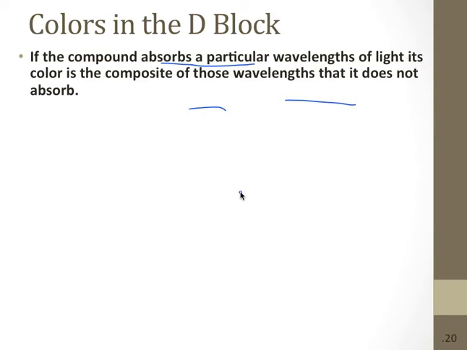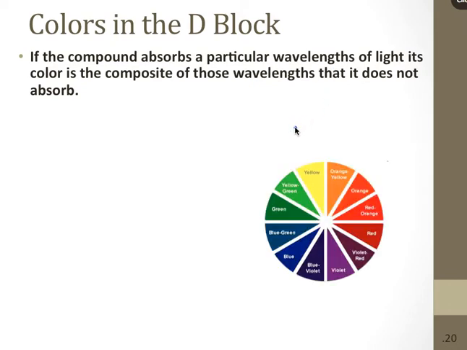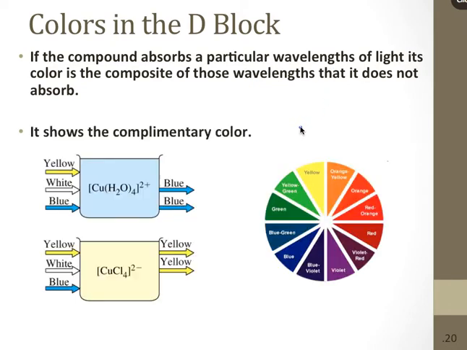If the compound absorbs a particular wavelength of light, its color is the composite of those wavelengths that it does not absorb. It shows what's called the complementary color.